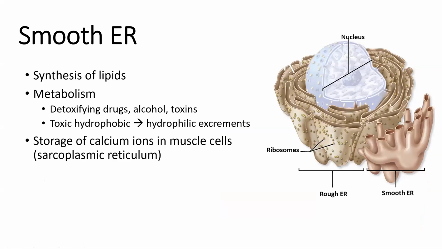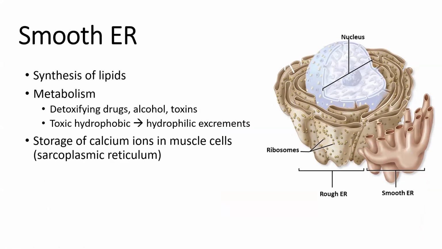A smooth endoplasmic reticulum has a very important function. Basically, you have the synthesis of lipids there. You also have different metabolic functions in a smooth ER, like detoxification. The smooth ER helps to break down different drugs that we ingest, for example alcohol, which is a big one, and any toxins that come in.